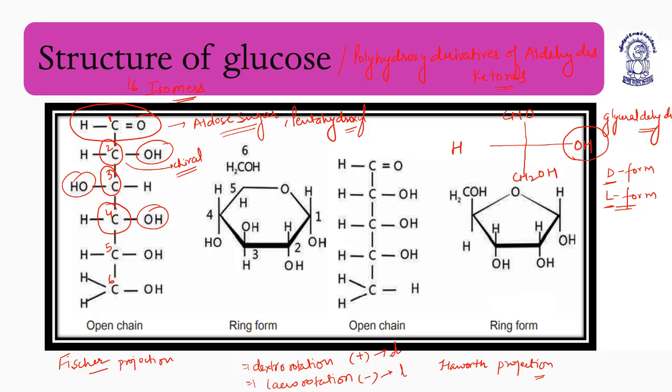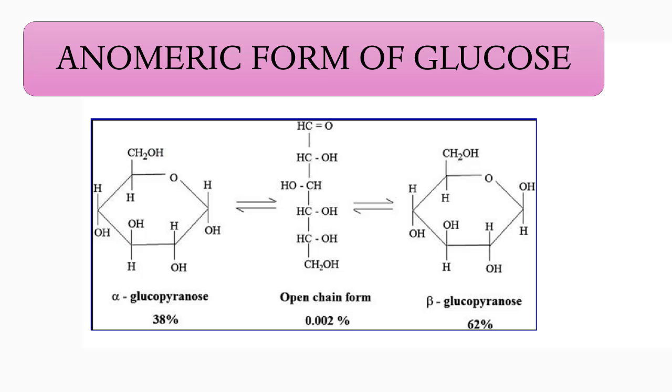Now, anomeric form of glucose. How this open chain comes to form a closed chain. You can see this is the carbonyl carbon. Now this carbonyl carbon undergoes nucleophilic addition.